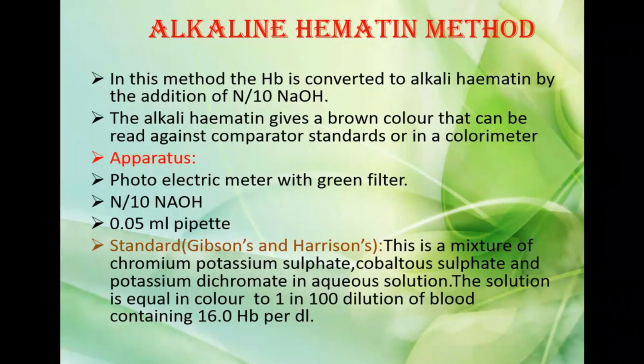The alkali hematin gives a brown color that can be read against the comparator standards or in a colorimeter. Whatever brown color is produced should be measured in the colorimeter.